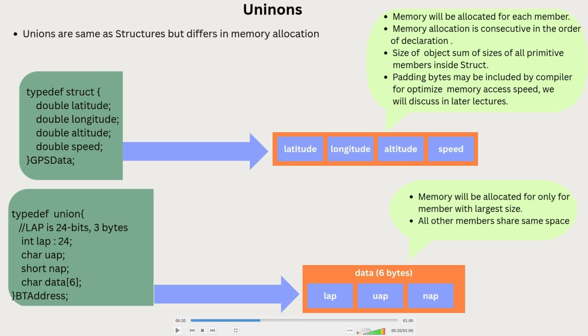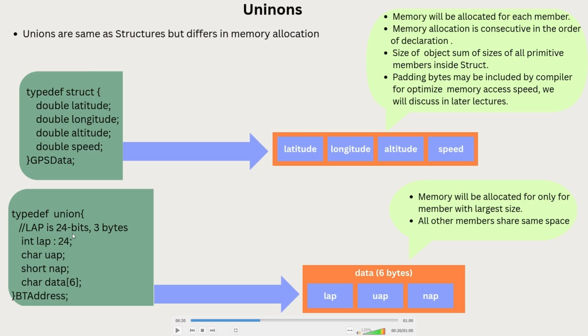So what is padding? If you see union, it is completely different. Union won't allocate memory for all the members. Union in general allocates the memory as per the largest data type. For example, in this union, let's say BT address, I have a character array of 6 bytes and an integer which is 4 bytes in general.